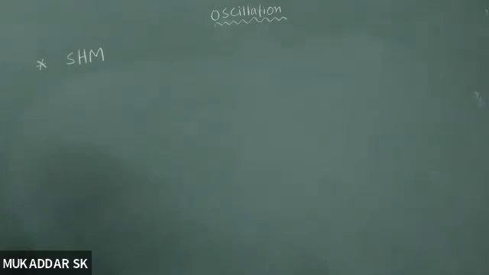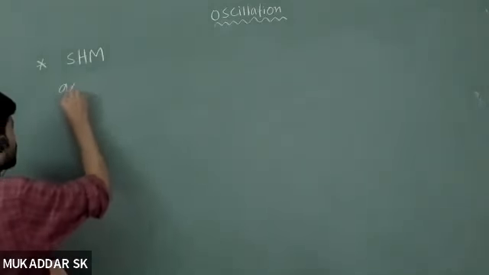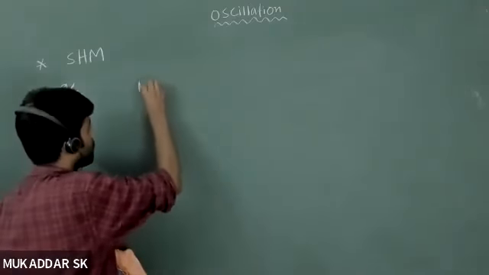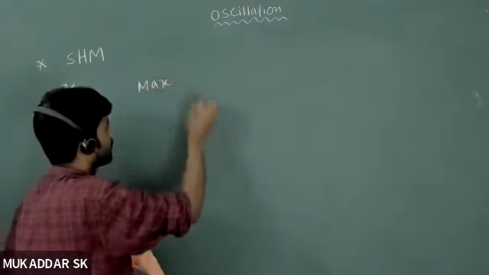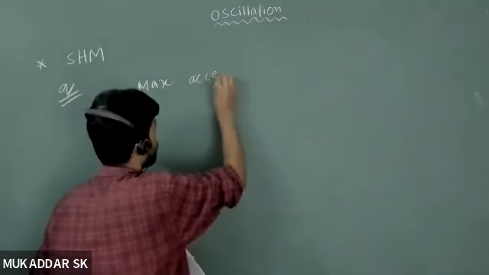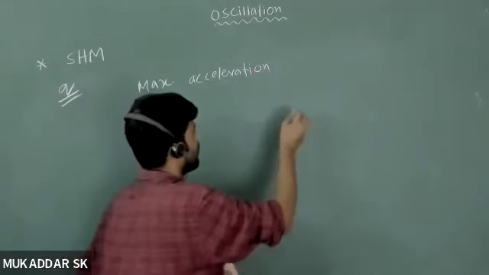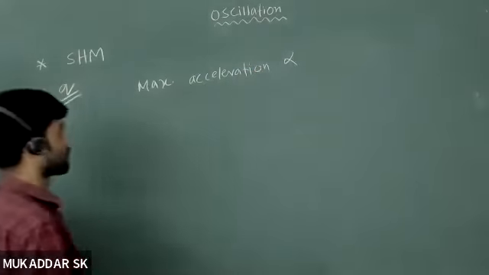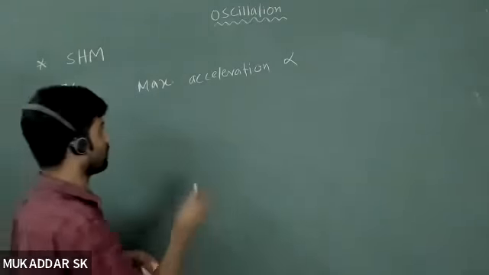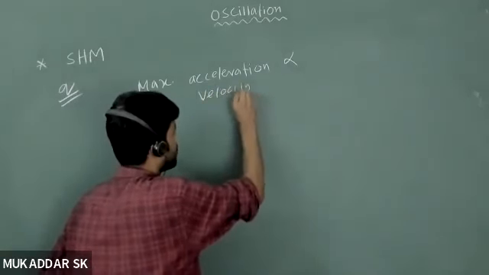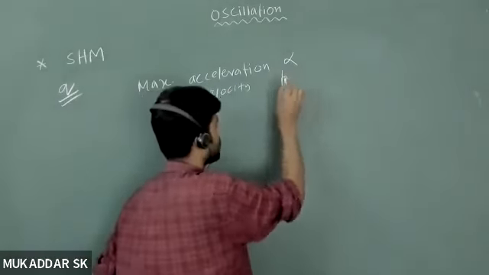Now, suppose a particle is making simple harmonic motion and its maximum acceleration is given as alpha, and its maximum velocity is given as beta.